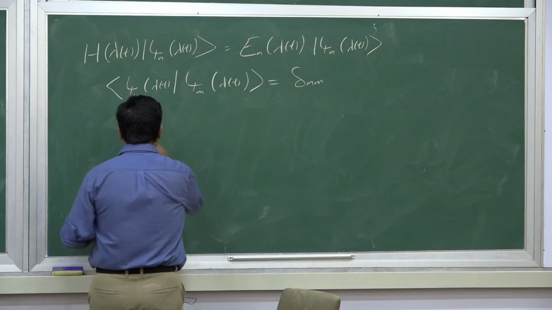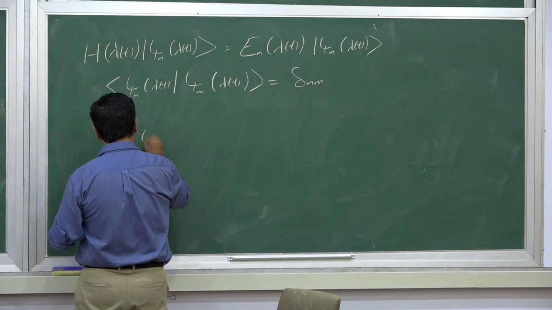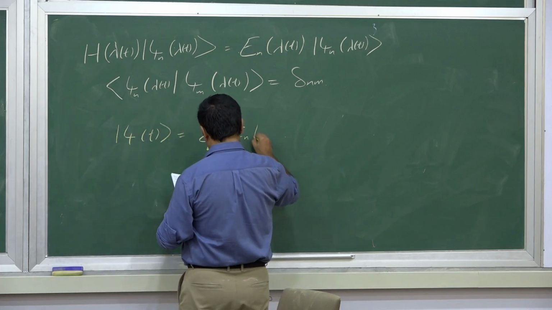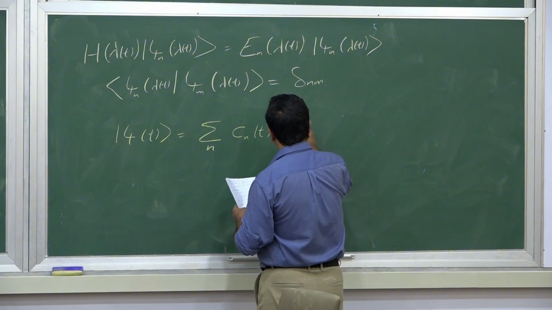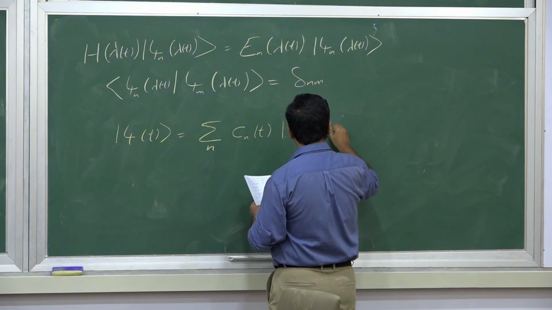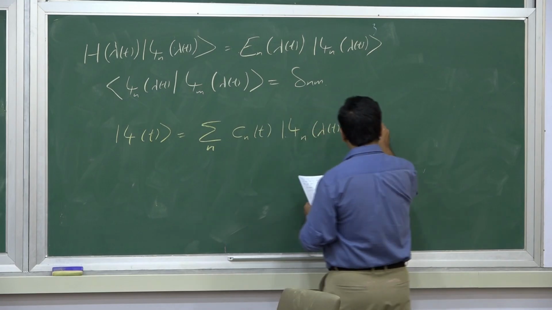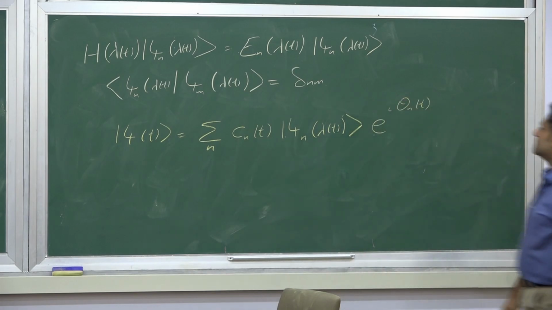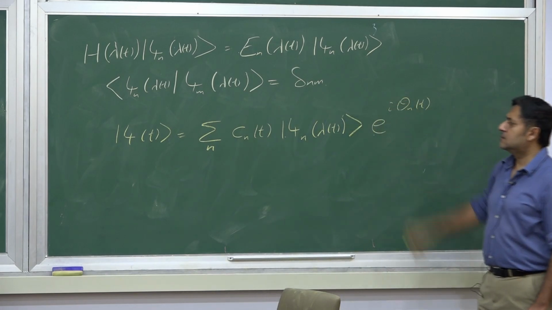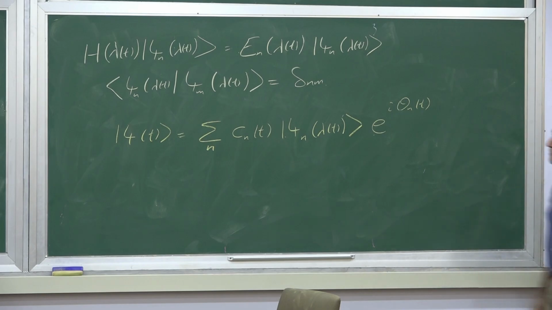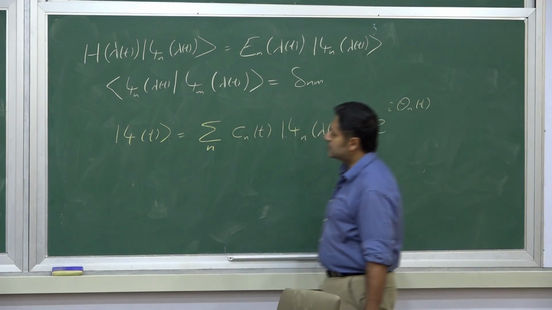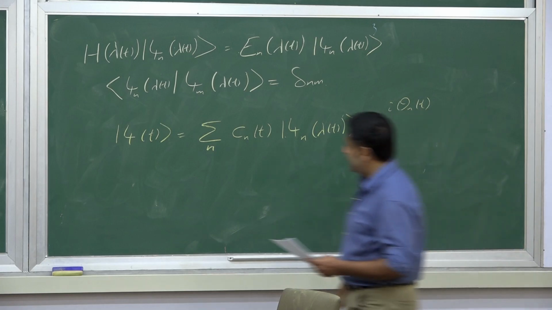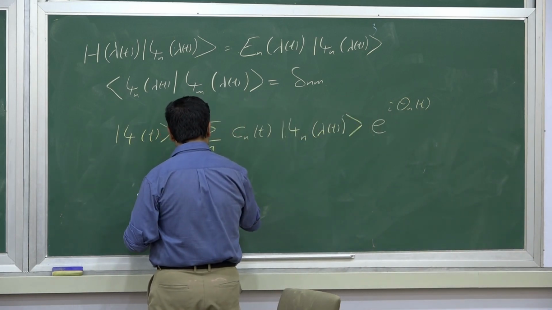Now, if you pick this ansatz, it's just an ansatz that my state is going to evolve and can be written at any time like that, where you are assuming this form for theta.